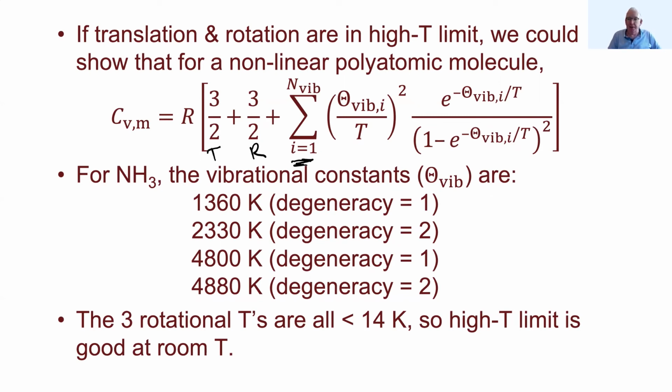Here, I do in fact have 6 vibrational modes, and I looked up, in your textbook, in that table I've been mentioning, the vibrational and rotational thetas for ammonia. These are the various vibrations in order of increasing frequency, or increasing theta. Notice that even the smallest one is 1360 Kelvin.